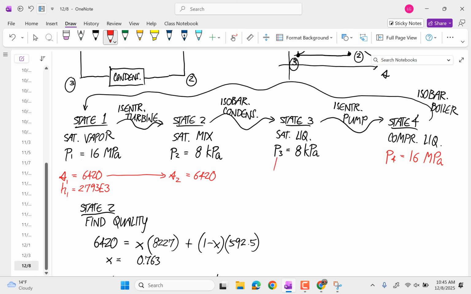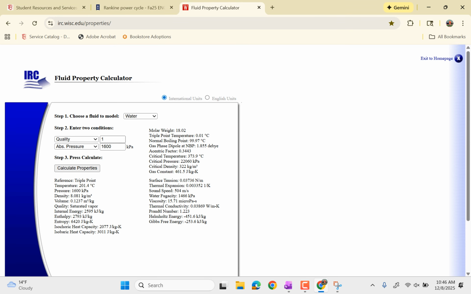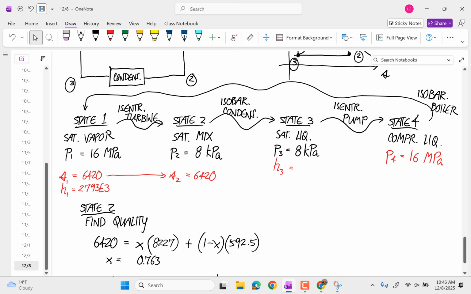And at state 3, we have a pressure of 8 kilopascals, a saturated liquid. We've seen this already. 173.8 times 10 to the third.